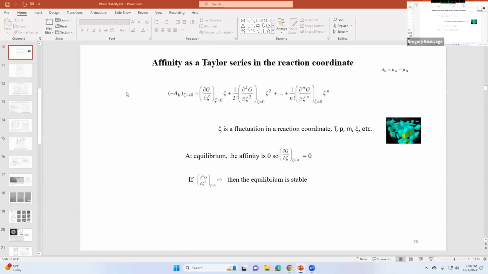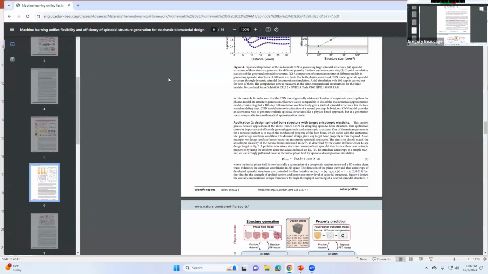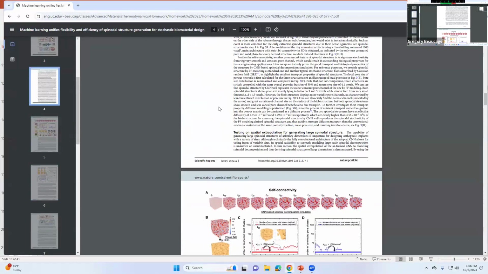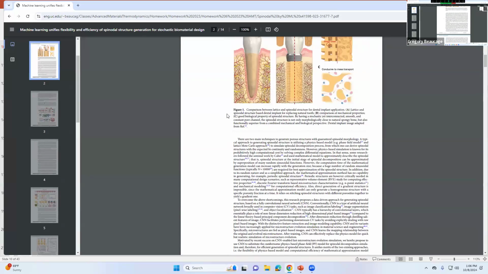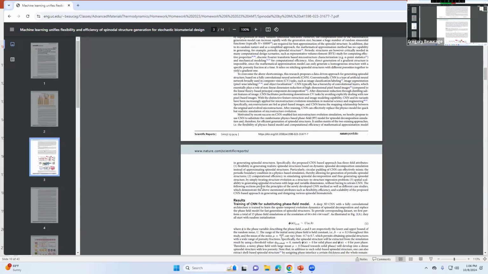So that allows you to do something like this. If you go back to this guy, he's trying to make a dental implant, right? He wants to have it porous so that tissue can grow into it. So he wants this kind of porous structure, with a gradient in the porous structure: porous on the outside and then rigid on the inside so that the thing doesn't break, I guess.